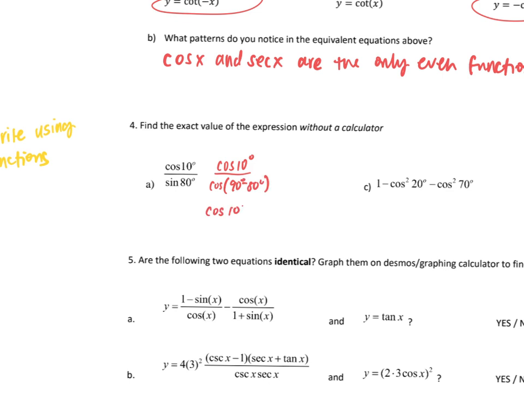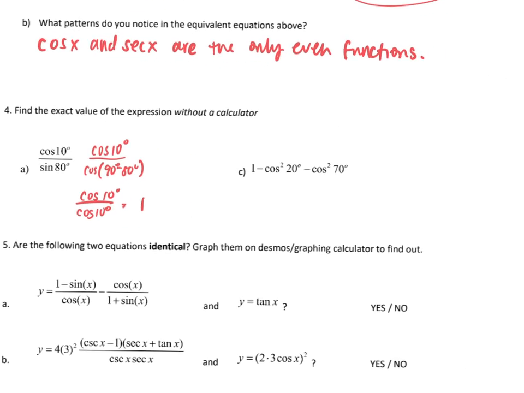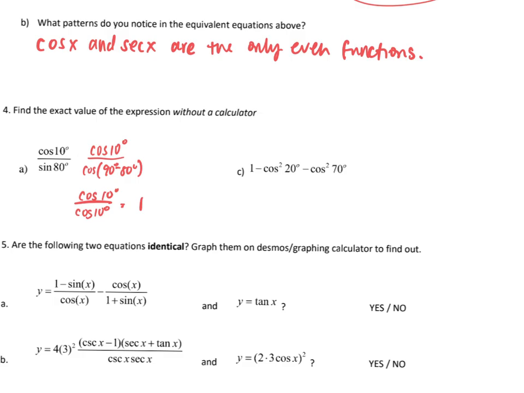So then we get cosine of 10 degrees divided by cosine of 10 degrees. Or you could have written out cosine of 10 equals sine of 90 minus 10, which is 80. And you get sine of 80 divided by sine of 80.